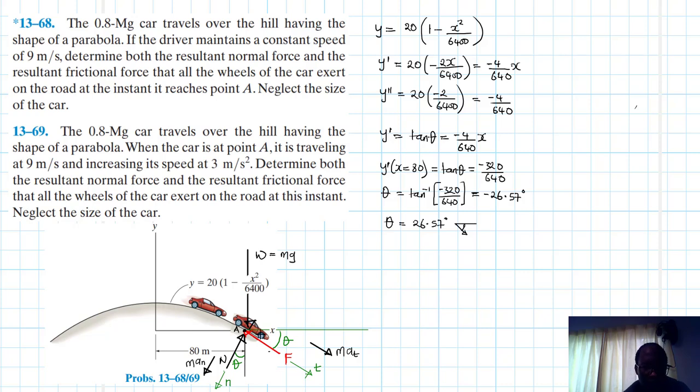Okay. So if that is theta, then we know that that line there, this one here, this angle here also will just become equal to theta, right? Because we need the component of this W. So we need this component along this direction like so, and another component like so.